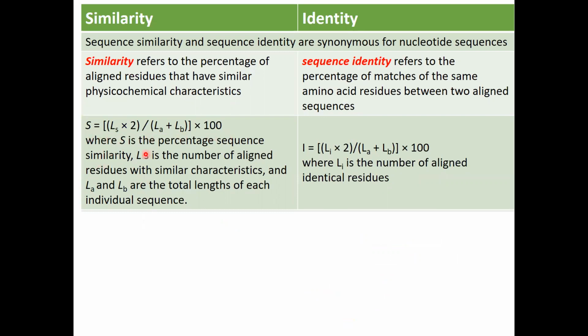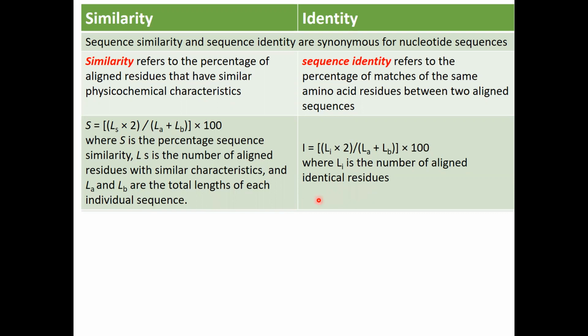Here, S is the percentage sequence similarity. LS is the number of aligned residues with similar characteristics. And LA and LB are the total lengths of each individual sequence. For identity, this formula is used where Li is the number of aligned identical residues.